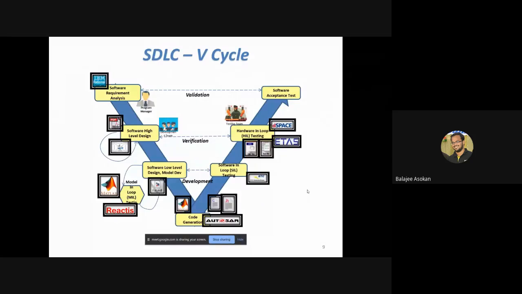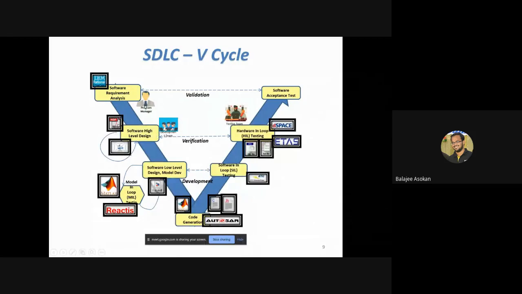Usually the OEM comes with the software requirement analysis and gives it to a project manager. The project manager will have two teams under him, a development team and a testing team. Each team will have a lead engineer who will analyze the problem.